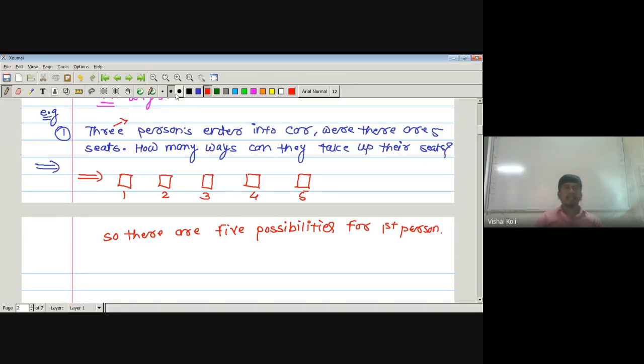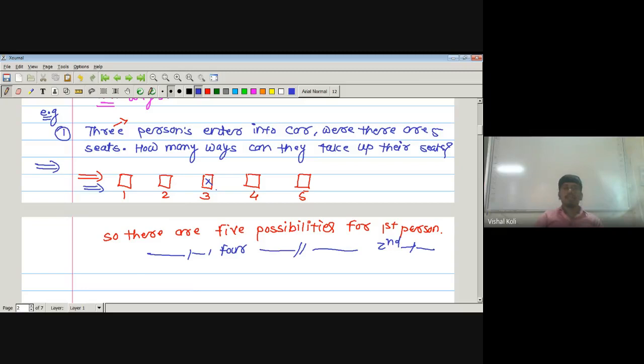Okay, but if the first person sits at place 3, now if the second person enters the car, then there are only four possibilities for the second person, since already the first one is seated here. So there are four possibilities for the second person.